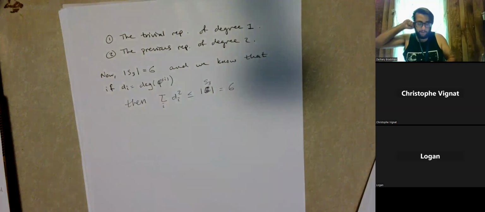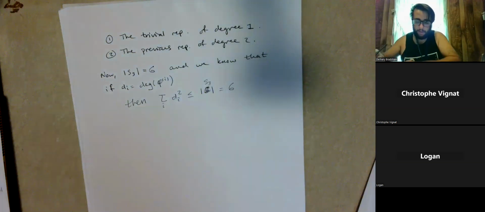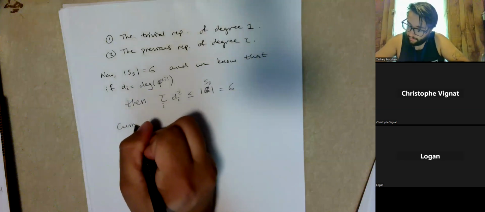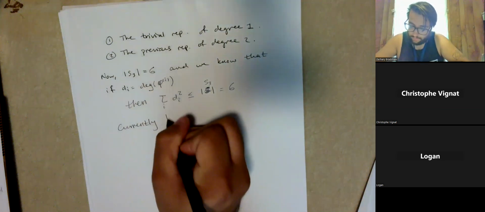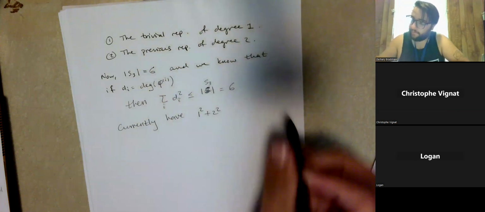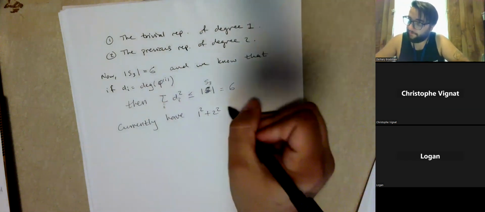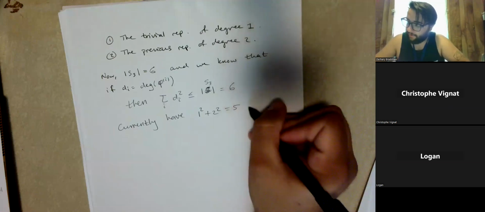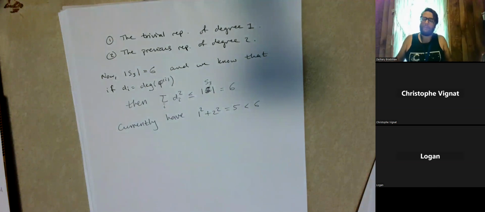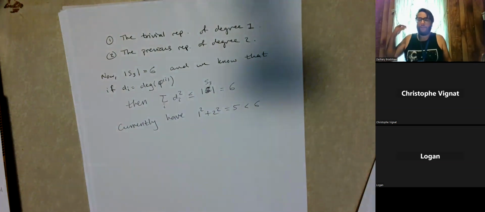So something we proved earlier. We currently have degrees 1 and 2. So the sum of the squares of these is 5, which is less than 6. So we do have room for one more irreducible representation if it exists. Any guesses?